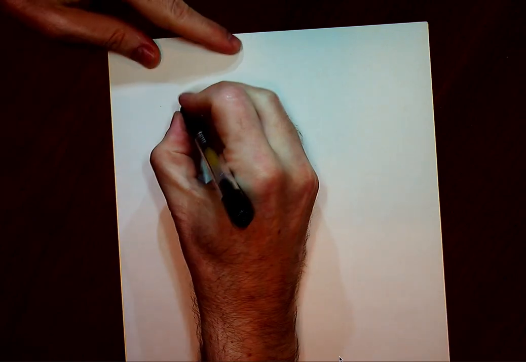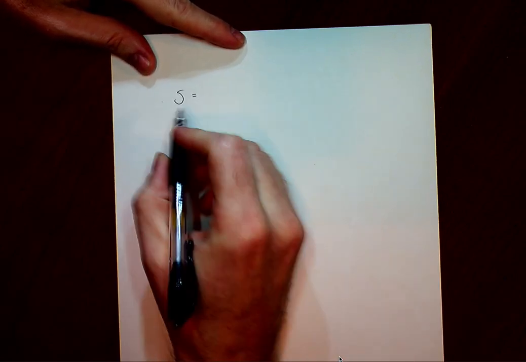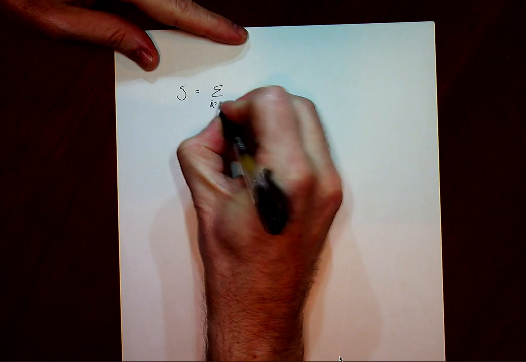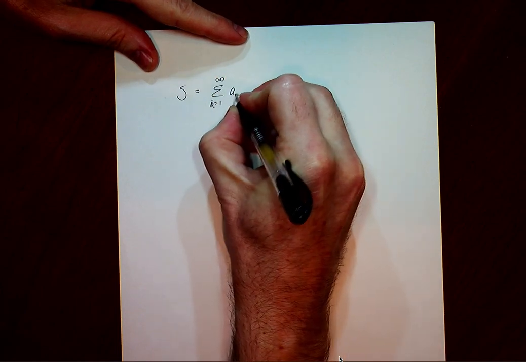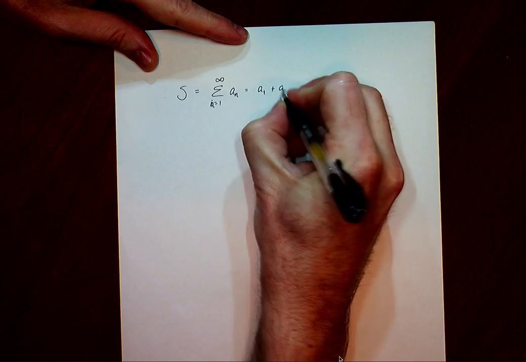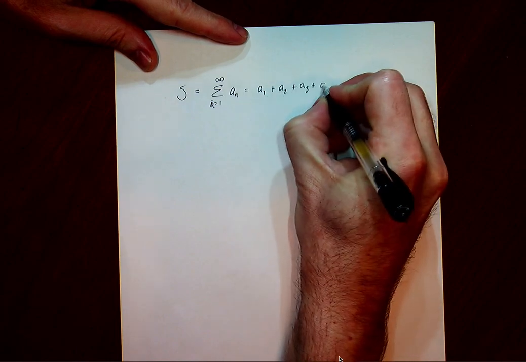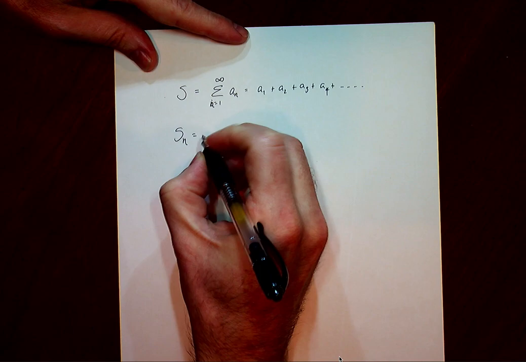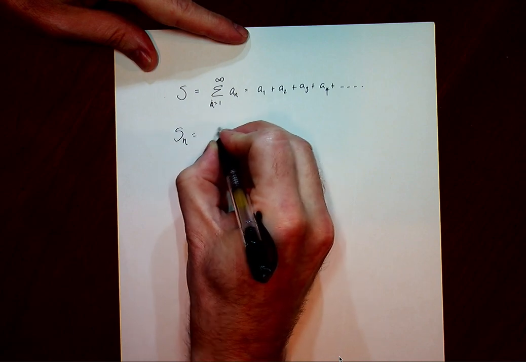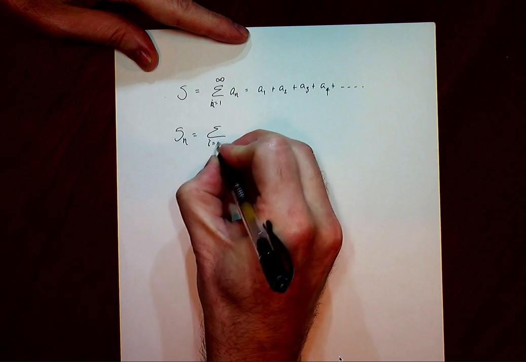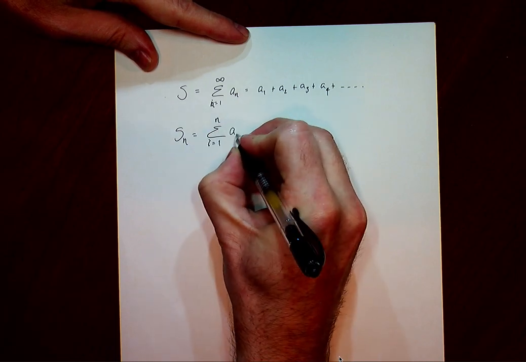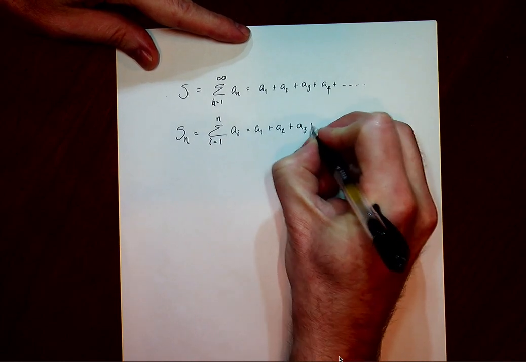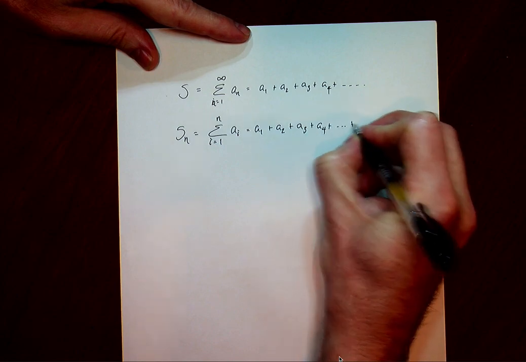If I have a series with a sum that we'll call S, which is the sum from n equals 1 to infinity of a sub n, so a sub 1 plus a sub 2 plus a sub 3 plus a sub 4 and all the way out, then a partial sum, from i equals 1 to n, is a sub 1 plus a sub 2 plus a sub 3 plus a sub 4 plus dot dot dot plus a sub n.